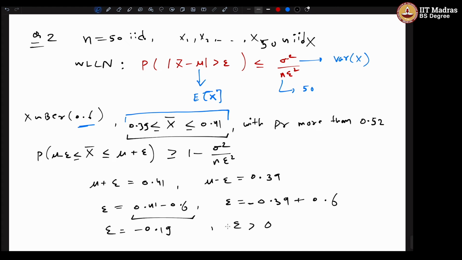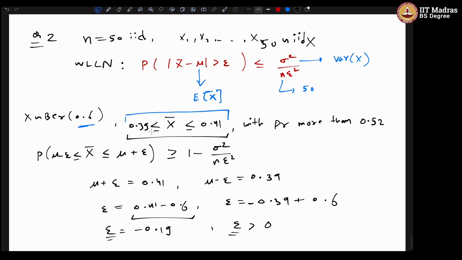So that's violating our condition, which is that the same constant cannot take two values. So the first option cannot be true, because we cannot apply the weak law of large numbers here, since this epsilon is coming out different.